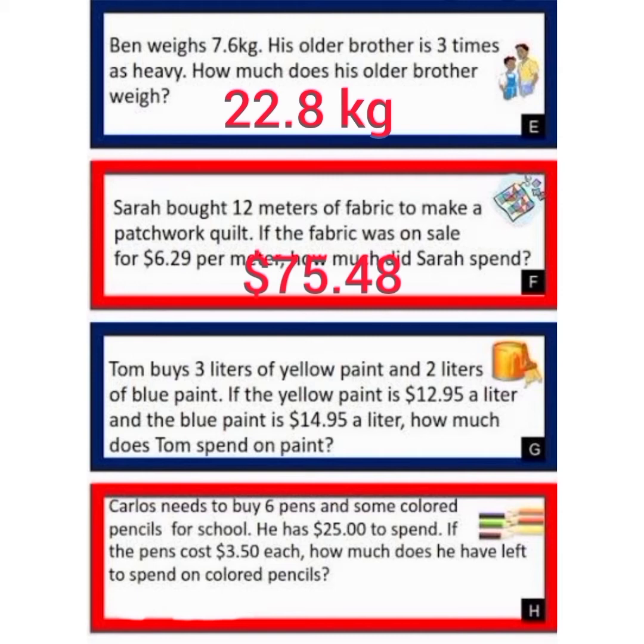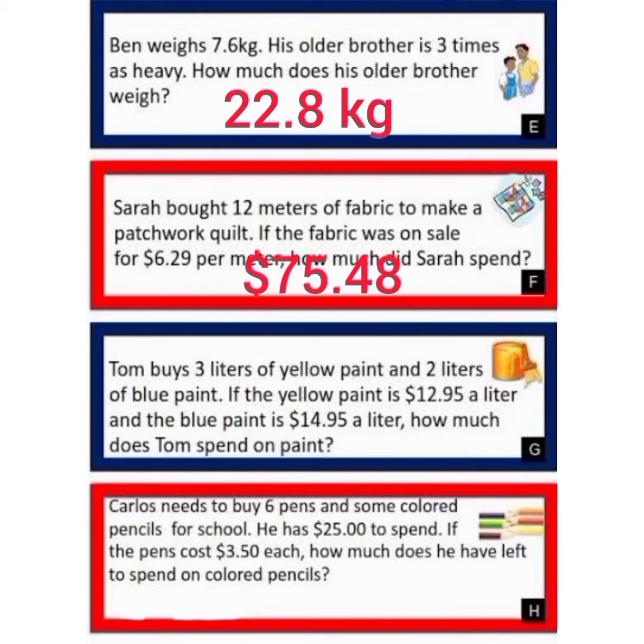So we know he bought 3 liters of yellow paint, and each liter costs $12.95. We also know that he bought 2 liters of blue paint, and each liter costs $14.95. So what they're asking is, how much did he spend altogether on the paint?